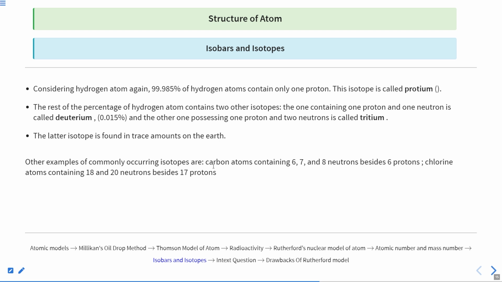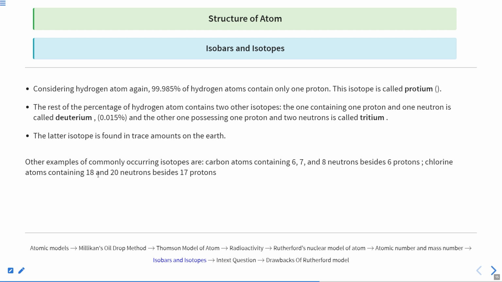Another example of isotopes is carbon containing 6, 7, and 8 neutrons. If it has 6 neutrons, it will have a mass number of 12, because its proton number is always fixed at 6: 6 plus 6 is 12, then 13, then 14. So C12, C13, and C14 are the three isotopes of carbon. Clear?